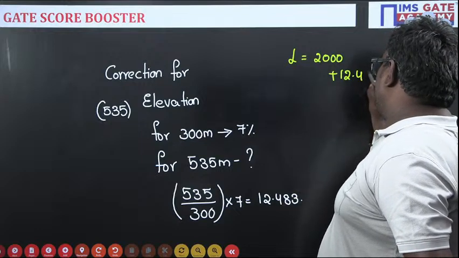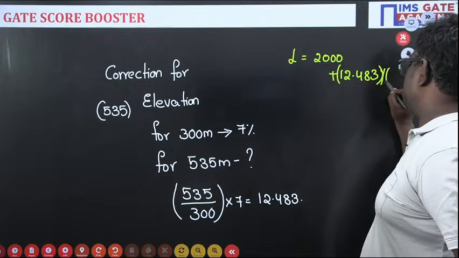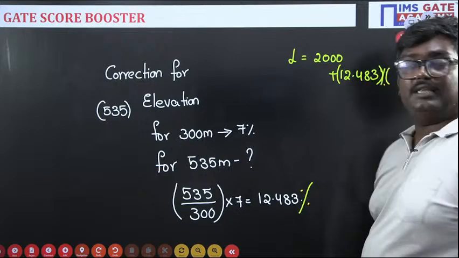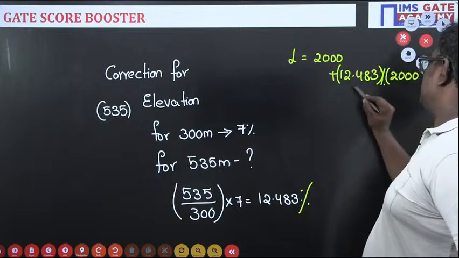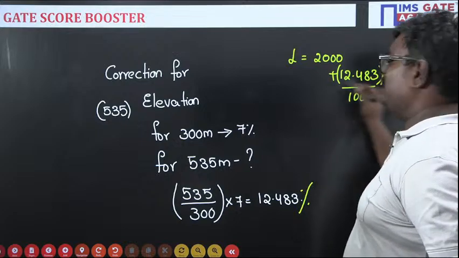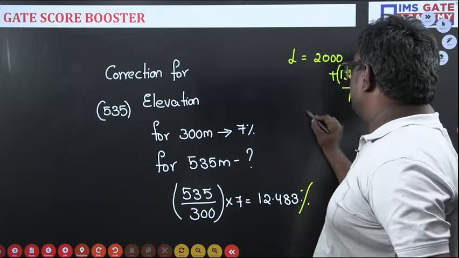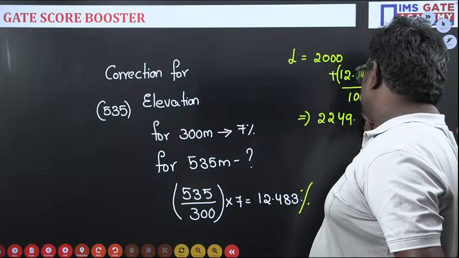So 12.483 percent of 2000. As it is a percentage, we have to divide by 100. So 20 into 12.48 will be 249.67. So you will get a value of 2249.67 meter.